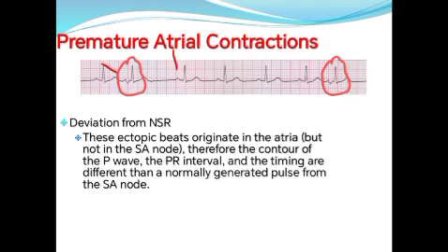This is equal here and regular, but it comes early here, and the P wave morphology is also different from the other P waves, and again here the same, it comes at a different time. That means this RR interval is not equal. This is premature atrial contraction, PAC. Okay, I think it is clear.